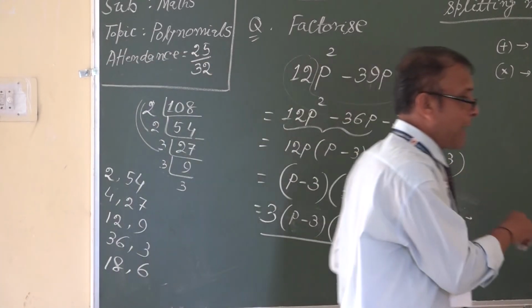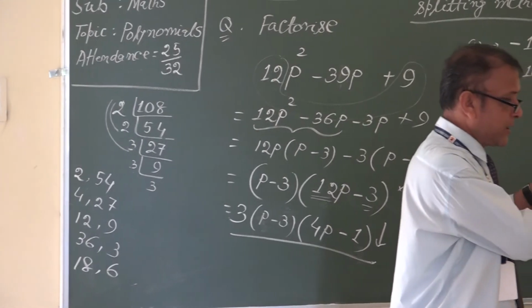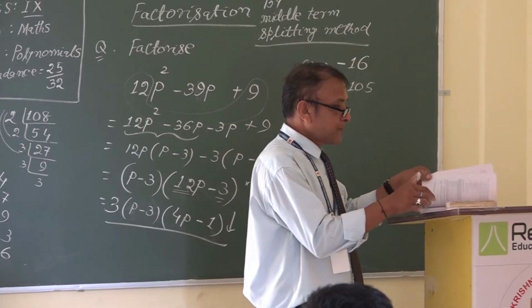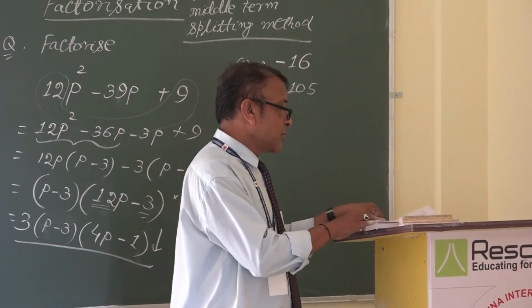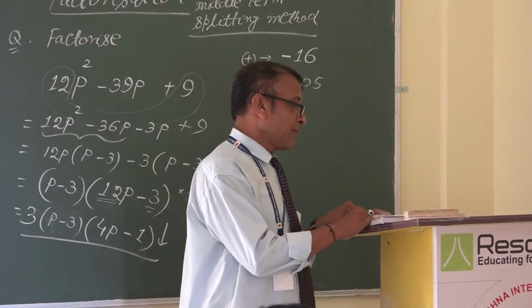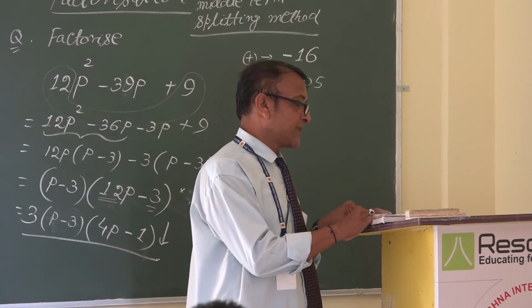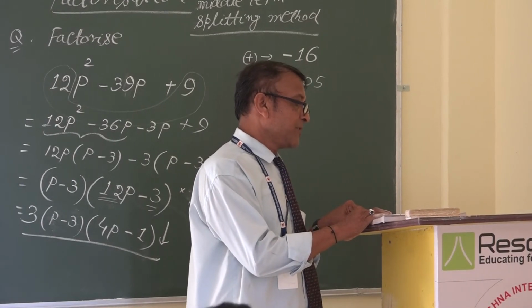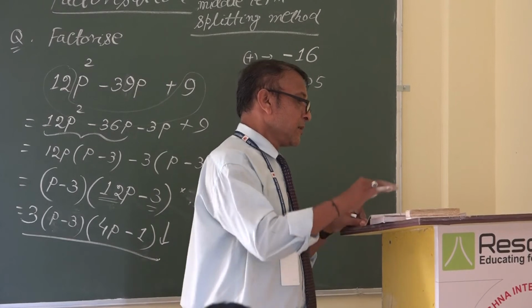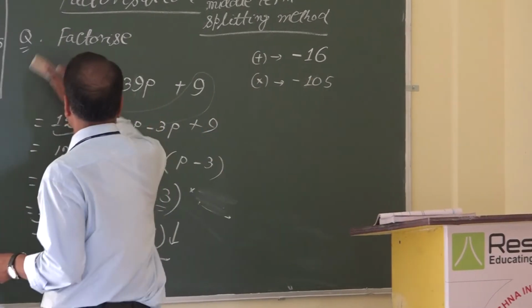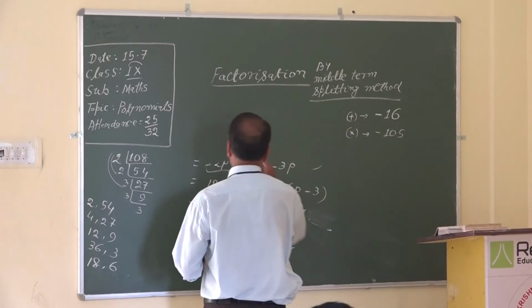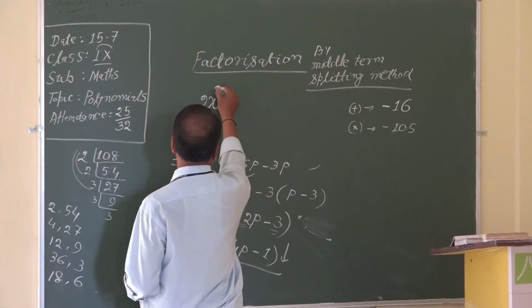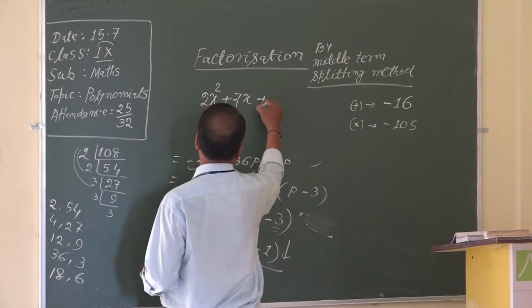So about this middle term splitting method, now you open your book. In your book, question number 4. 4 bits are there. The second bit, that is 2x square plus 7x plus 3.